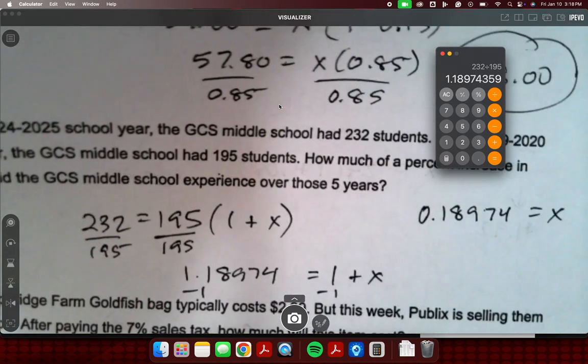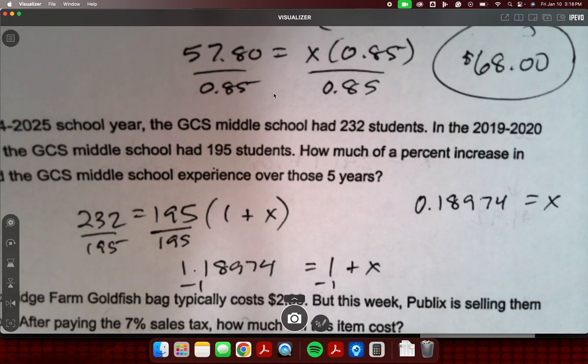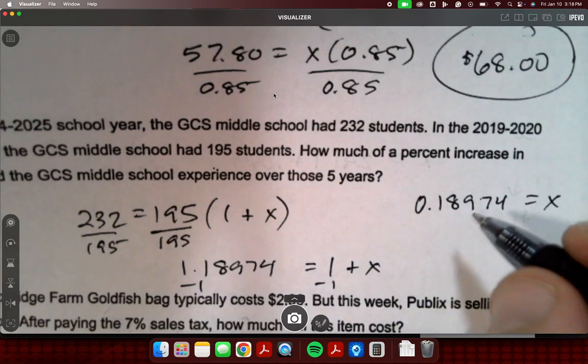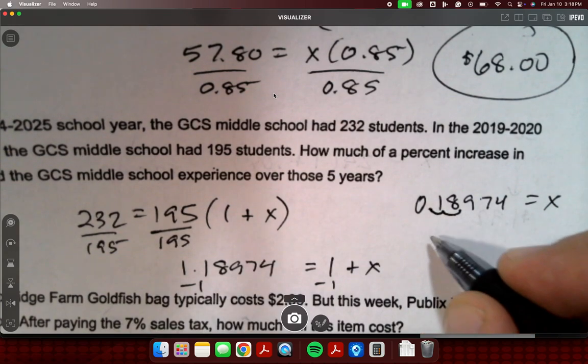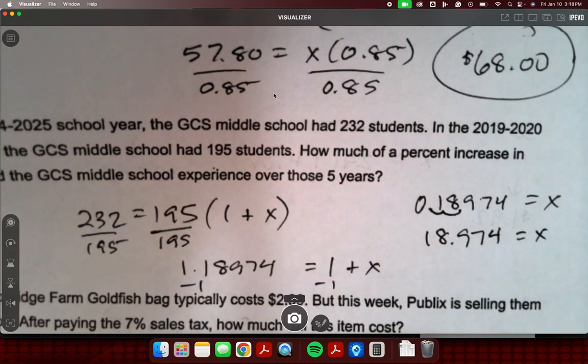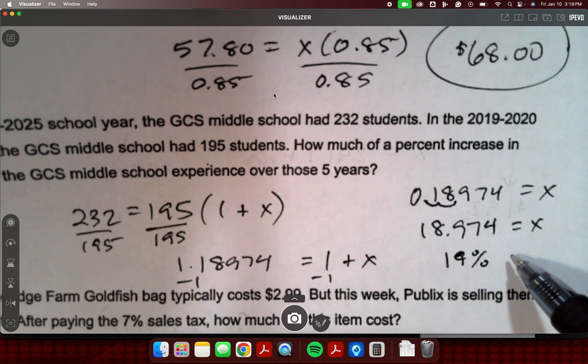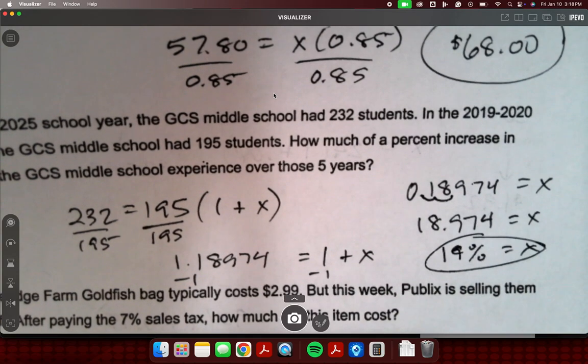So we've now got the percent form of our answer. No, sorry, I did that wrong. We have the decimal form of our answer. So now we shift it over 2 spots. So it's 18.974 equals x. And I forgot to specify what to round to, but generally we're rounding to the tenths place. So this 7 would bump up this 9, so it actually jumps up to a 19% increase. So over 5 years, the GCS Middle School grew 19%. It's very significant.